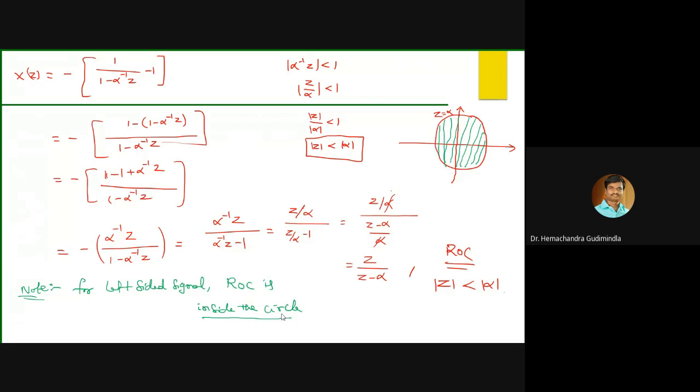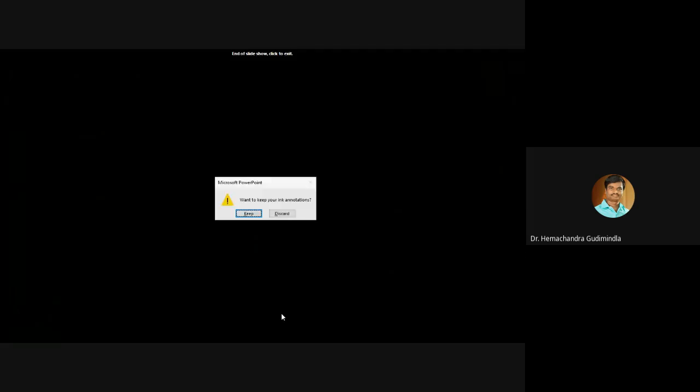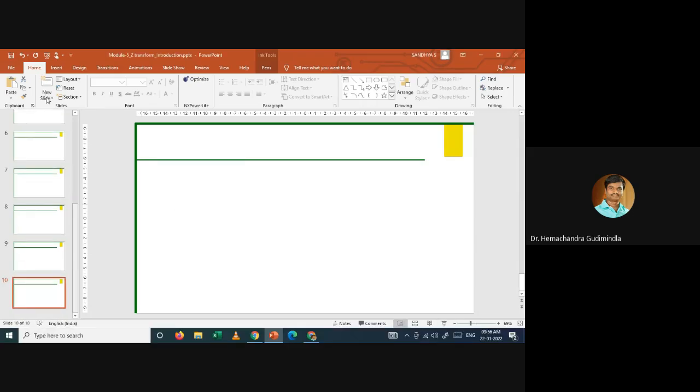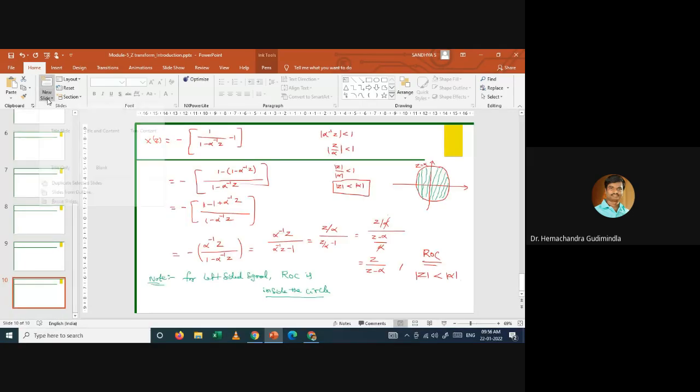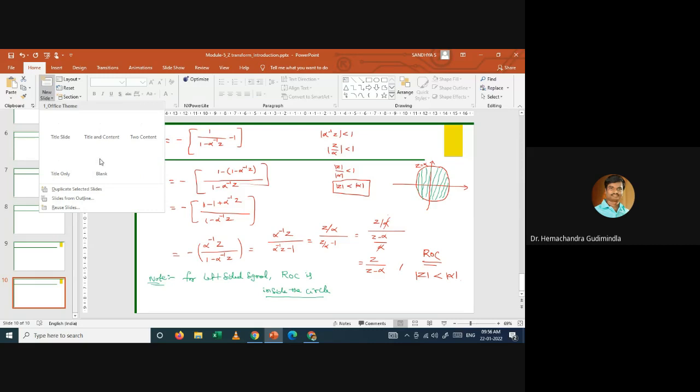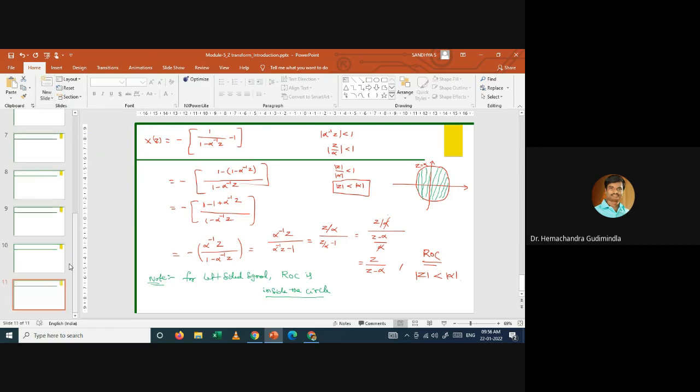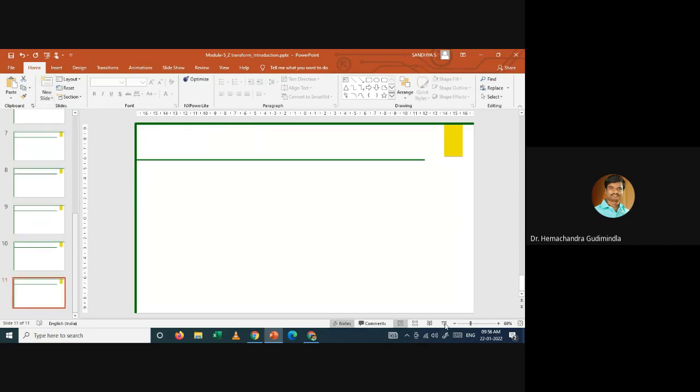Now we will consider one example. You only need to tell now what is the ROC for the given signal. Let me take, so directly I am writing here.